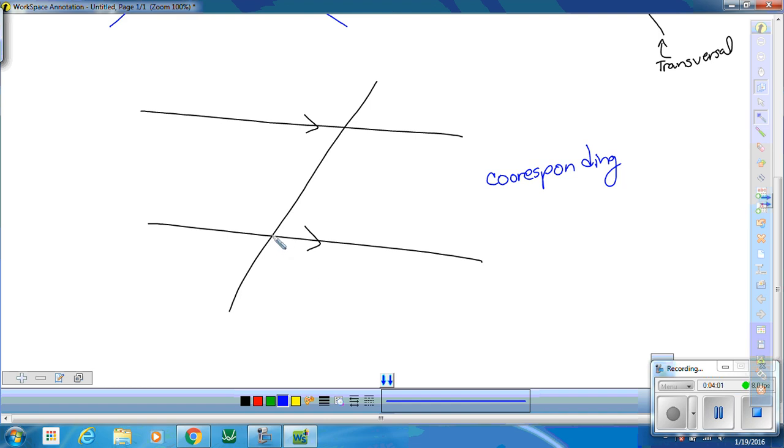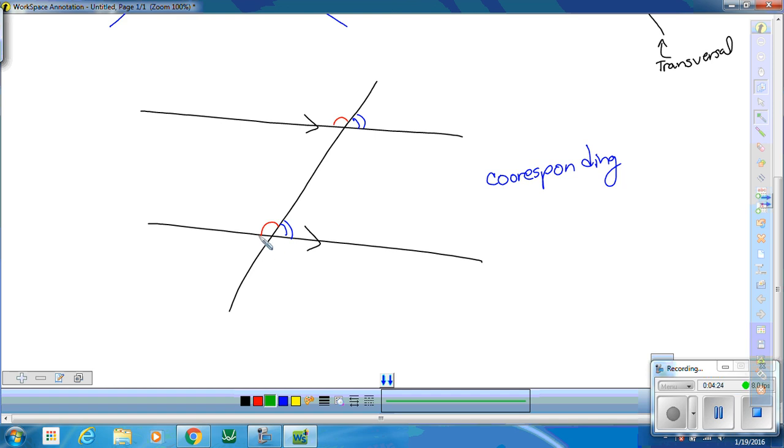Notice I have an intersection here with 4 angles, and I have an intersection here with 4 angles. So the one in the upper left side has to be equal to the one that's in the upper left side. Those would be corresponding. The upper right side would have to be congruent to the upper right side.